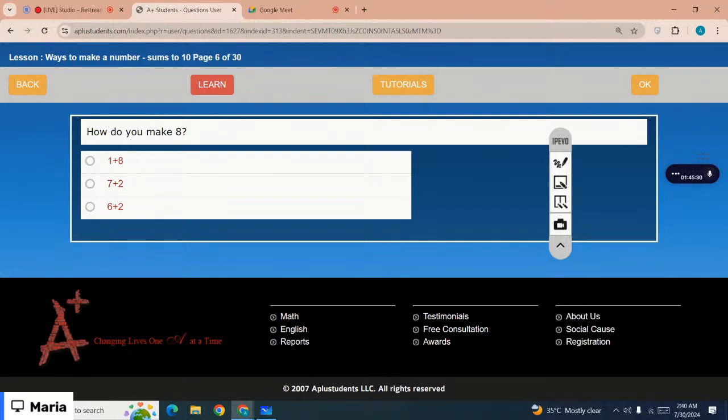Which is the correct option? Six plus 2 is the correct option.